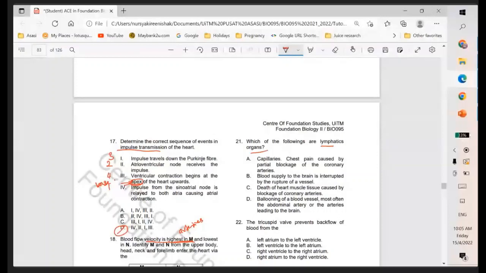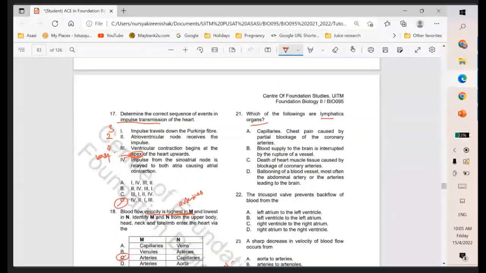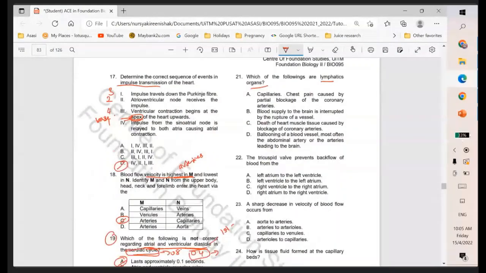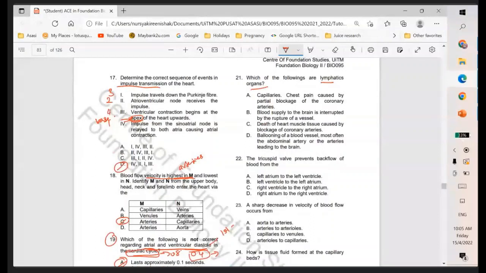Sekejap saya tengok dalam lecturer version sekejap. Oh, dia punya choices of question answers ni dia tersalah salin.